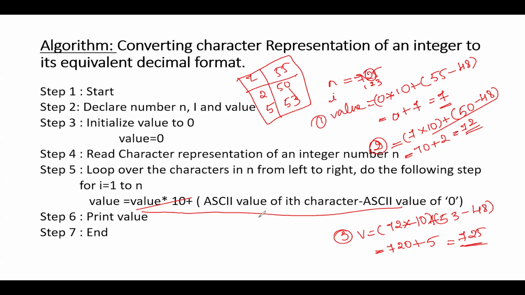So when we come back to this loop, the for loop will end here because we have reached the end of the value n, and hence we will end this loop and then directly print the value, which is nothing but 725.